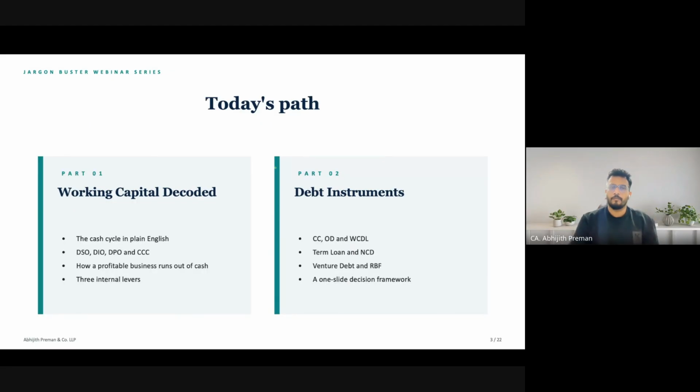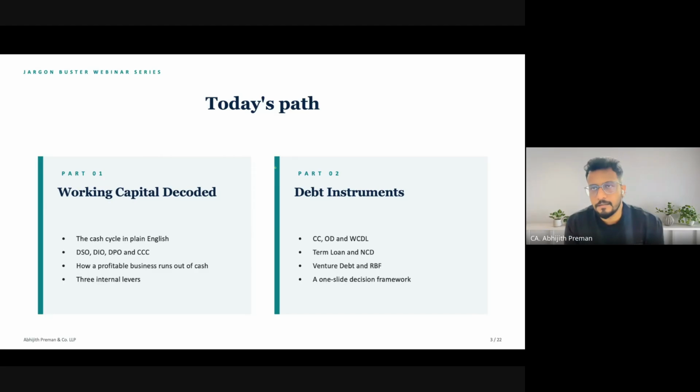Today's topic is divided into two parts. The first part is working capital decoded: what is the cash cycle in a very plain manner, and what are DSO, DIO, DPO, and CCC, which I will explain in the upcoming slides. Then how a profitable business runs out of cash, which answers the question from the previous slide, and then three internal levers.